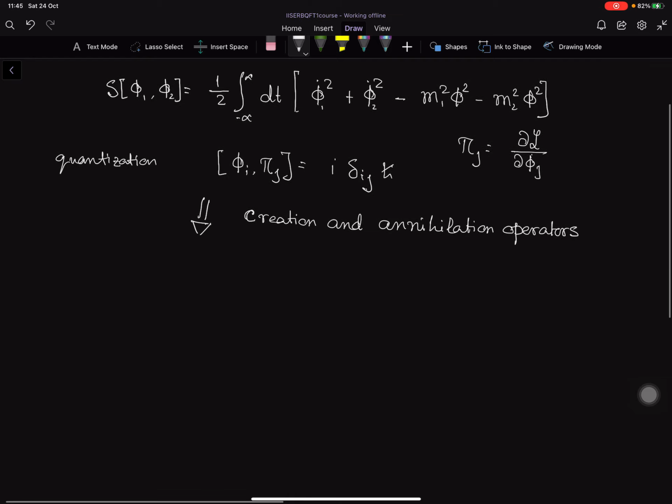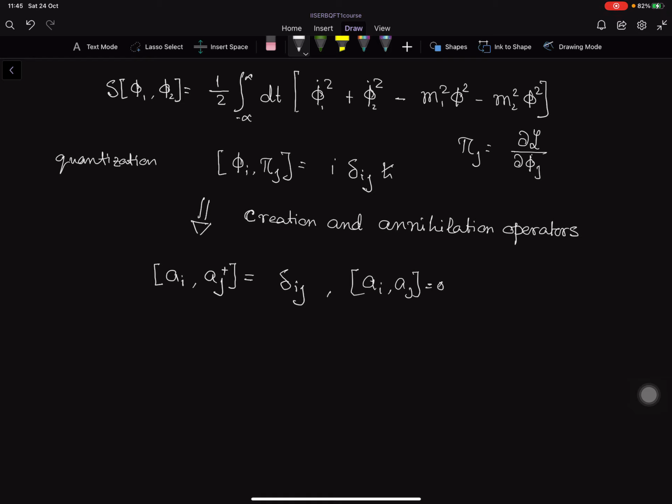The definition of creation and annihilation operators is very similar to the single scalar, and if you do that, then this is the same as delta ij, and a_i a_j is 0.